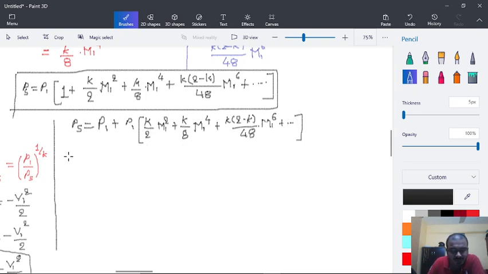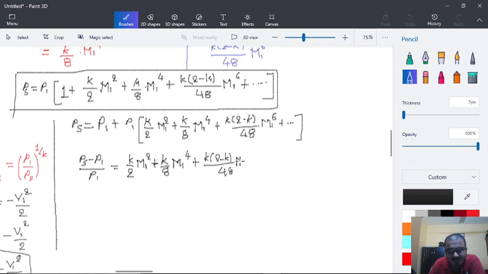So here we can say that ps minus p1 upon p1 is equal to k upon 2 m1 square plus k upon 8 m1 raised to 4 plus k into 2 minus k divided by 48 into m1 raised to 6 plus, like this. So here we have obtained up to this.